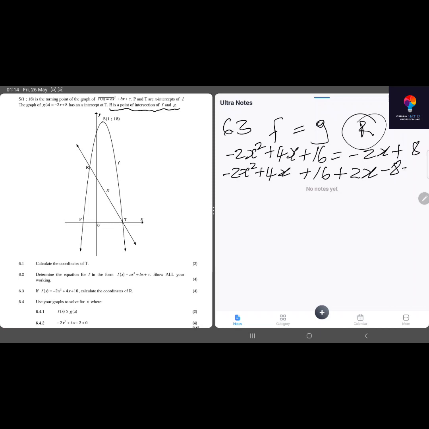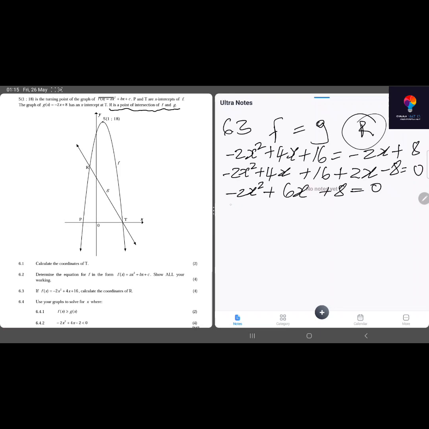It's equal to 0, because in this case we want the value of x. Therefore, minus 2x squared, 4x plus 2x is going to give us 6x, and 16 minus 8 is going to give us plus 8, equal to 0.